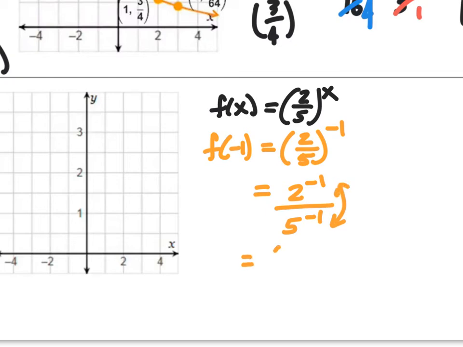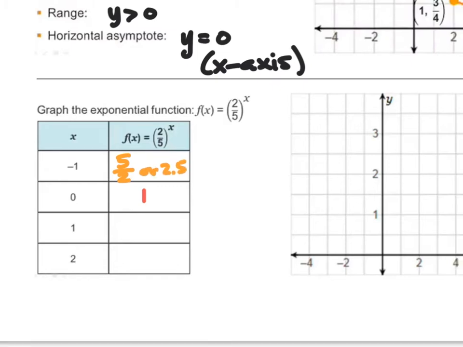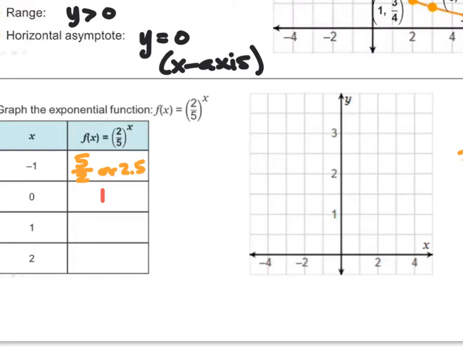And that's just going to end up giving me 5 to the first over 2 to the first, which gives me a value of 5/2 or 2.5. Okay, so at -1, my y value is 2.5.